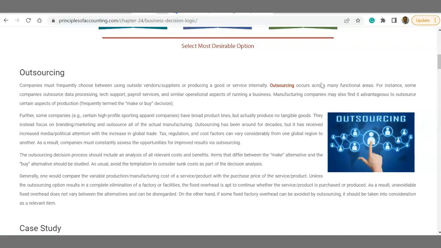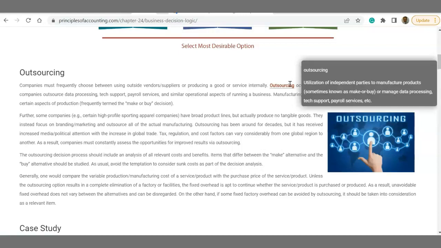Let's look at outsourcing. Outsourcing is utilization of independent parties to manufacture products, sometimes known as make or buy, or manage data processing, tech support, payroll services, etc. You will see in other books it says make or buy. Make or buy or outsourcing is the same thing.